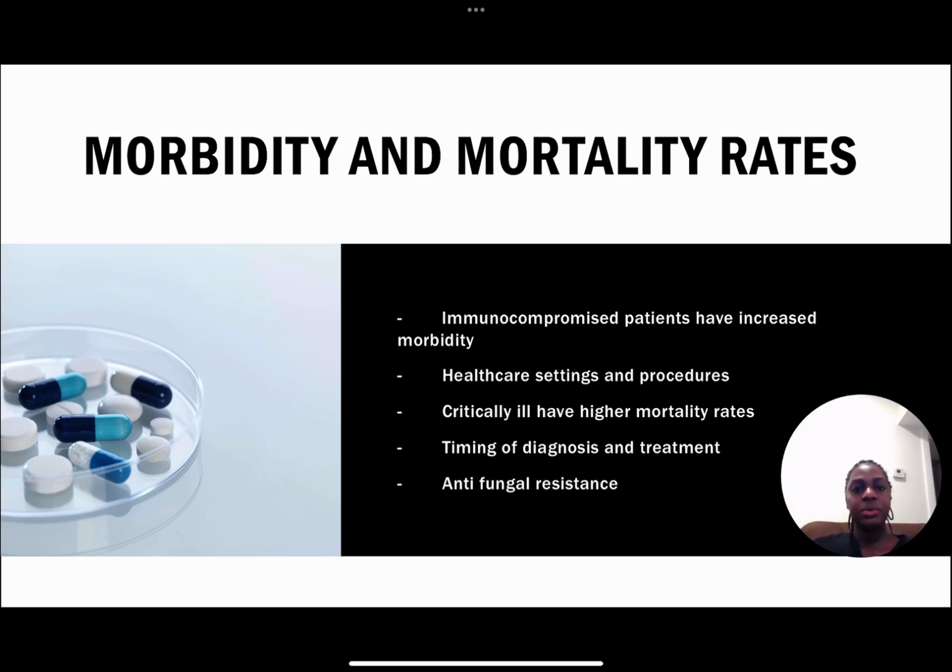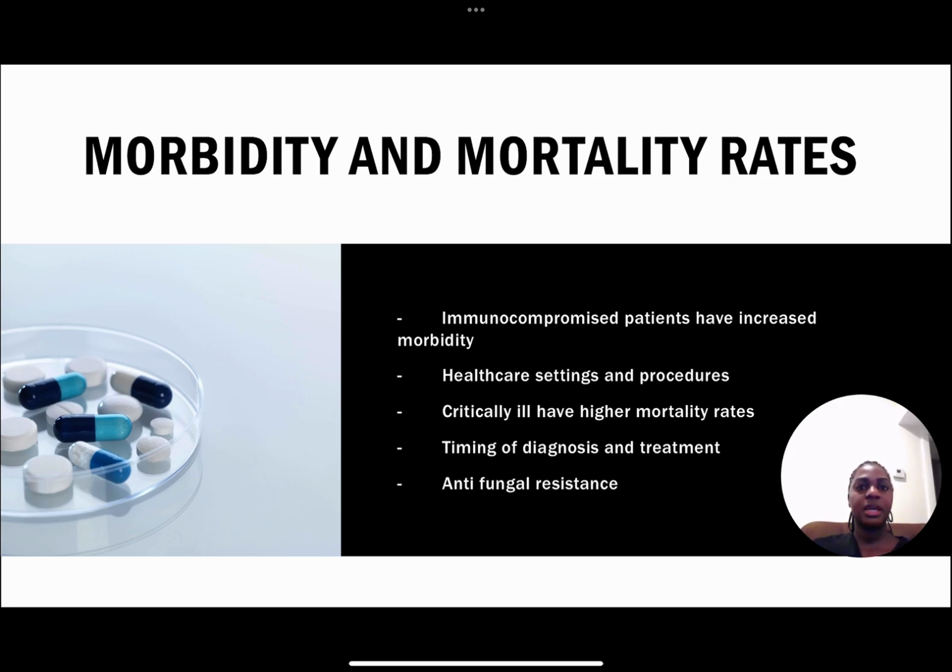On this slide, we'll be talking about morbidity and mortality rates. In morbidity, patients with conditions such as HIV/AIDS, cancer, organ transplants, or those receiving immunosuppressive therapy are at high risk for invasive candidiasis, leading to increased morbidity.